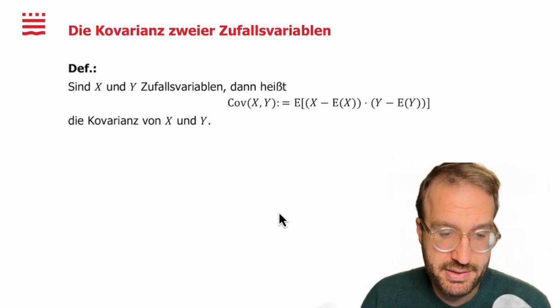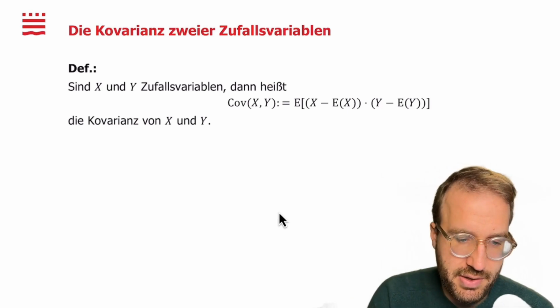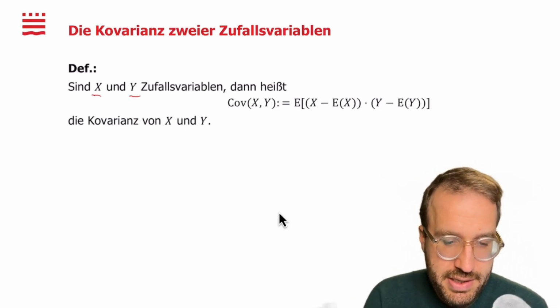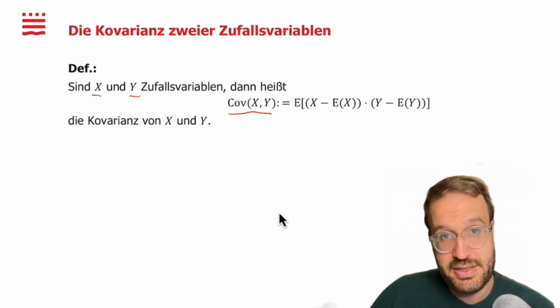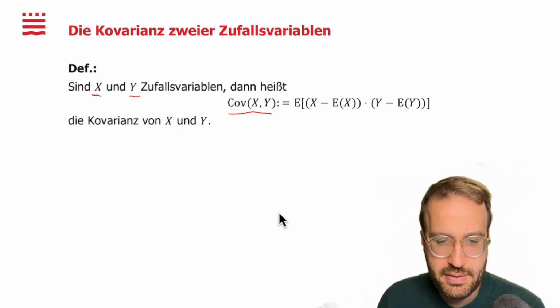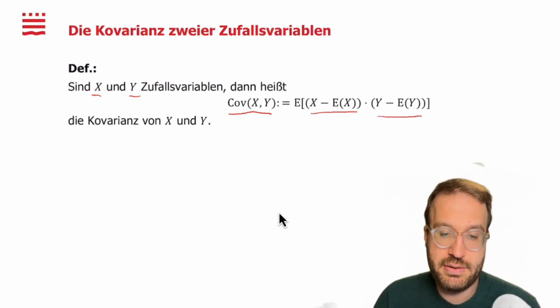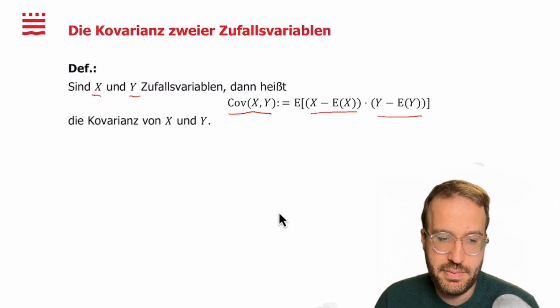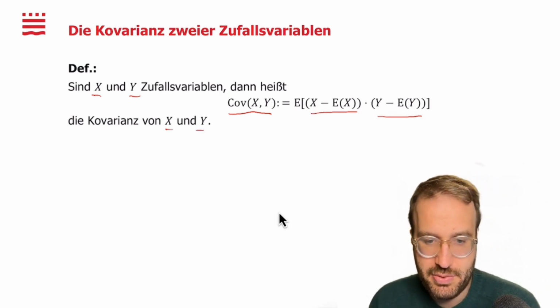So we have two random variables, X and Y. The covariance contains two different parameters, in this case random variables and no longer data. What we do is consider X and Y, multiply them together and take the expected value of that. And that is exactly the covariance of X and Y.